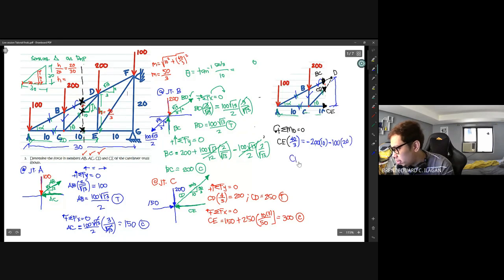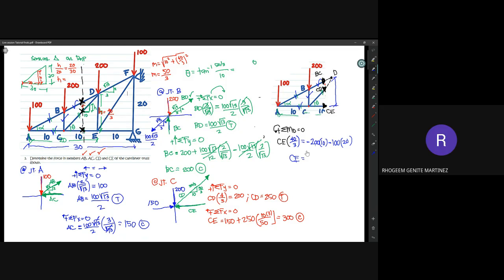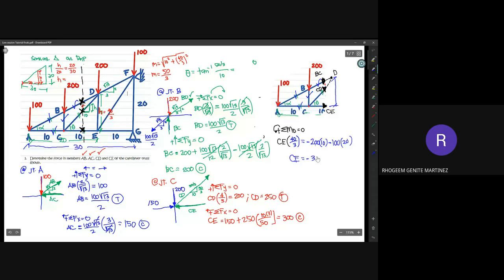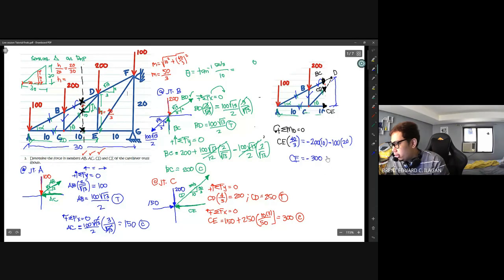Okay, so pakipindot naman, what is the value of our CE? 300 po. Ayun. Kaso, negative siya. Negative siya po. Oo. So, therefore, lagyan mo ng ganyan. Therefore, CE is 300. So, that is in compression dapat.